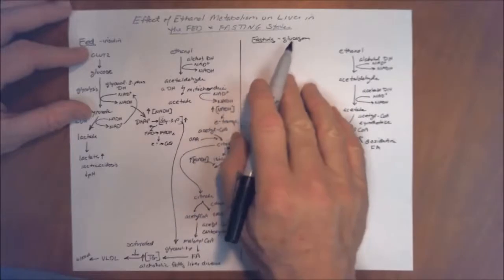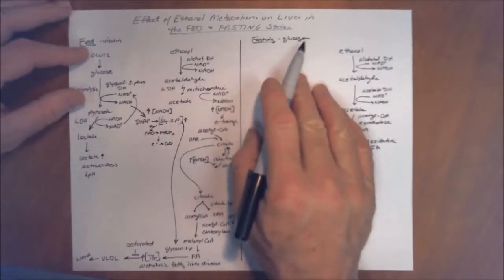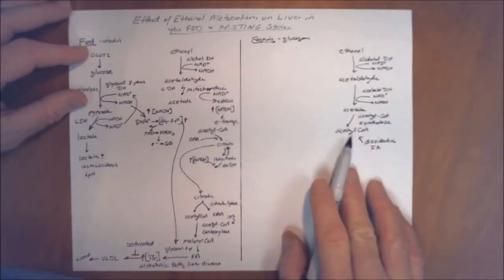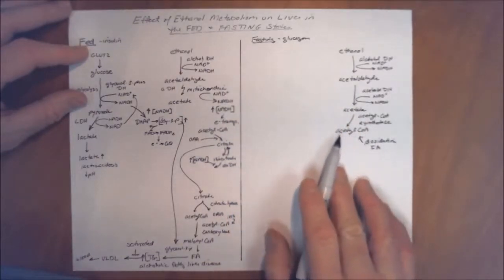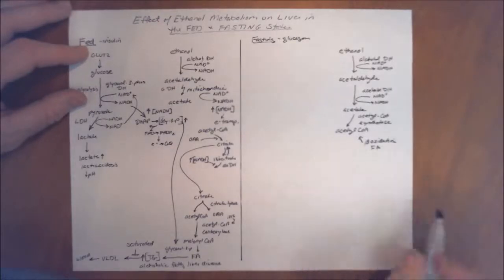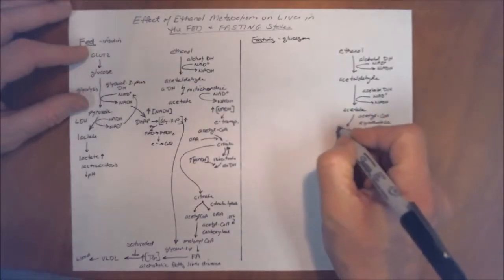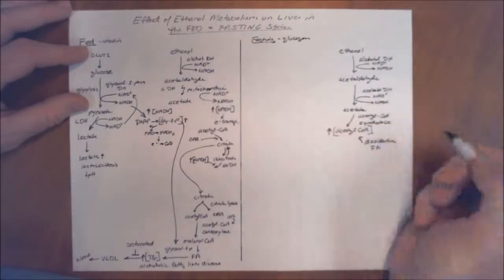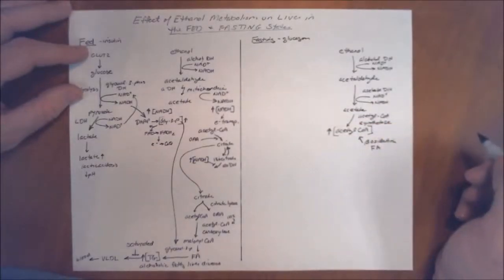In the fasting state, we have glucagon signaling, so the adipose tissue is signaled to release fatty acids. The liver takes up these fatty acids, transports them to the mitochondria, and undergoes oxidative reactions to release acetyl-CoA. So now we have two sources of acetyl-CoA, which is going to dramatically increase the concentration of acetyl-CoA.